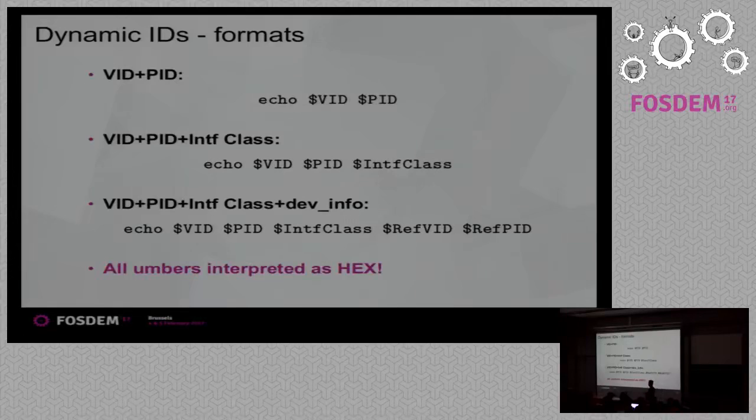Remember that all numbers which you use here are interpreted as hex. In contrast, the interface class information in lsusb is displayed in decimal format, so you have to be careful, otherwise you will get an invalid value here.